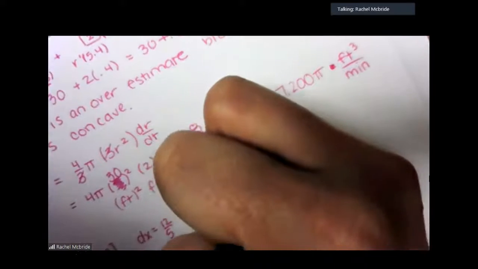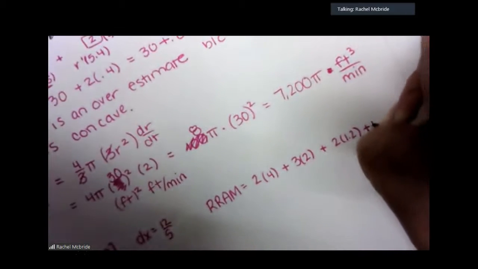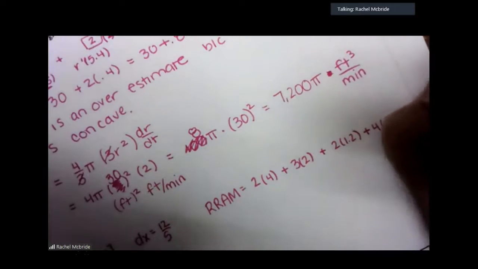So my right Riemann sum is 2 times 4, plus 3 times 2, plus 2 times 1.2, plus 4 times 0.6, plus 1 times 0.5.